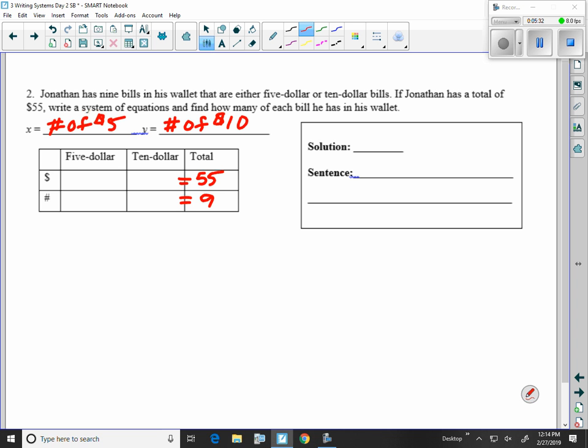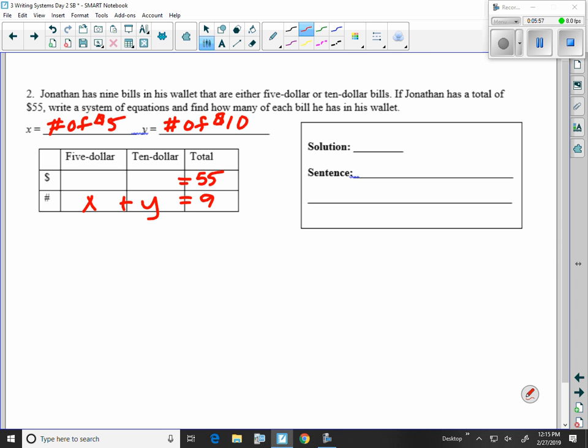And then if we wanted to know the total number of bills, that would be x plus y, right? Because if you take the number of $5 bills plus the number of $10 bills, that should equal 9. You with me on that? Okay, it's kind of weird to think about it that way, but just think about x being the number of $5 bills, y being the number of $10 bills.